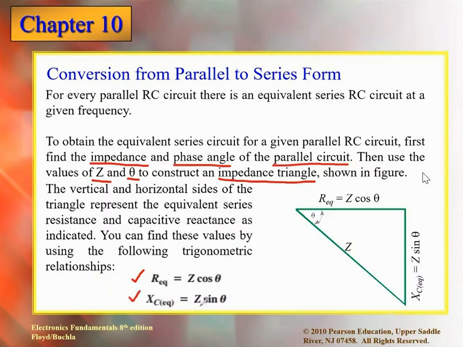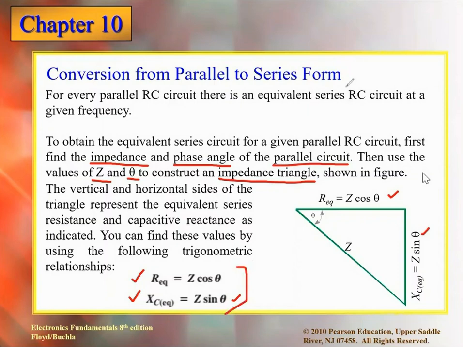Then X equivalent will be calculated: Z sine theta. This is basically the impedance triangle for the parallel circuit, but now it is converted into series. So it is an equivalent series circuit, and R equivalent is calculated with this formula.